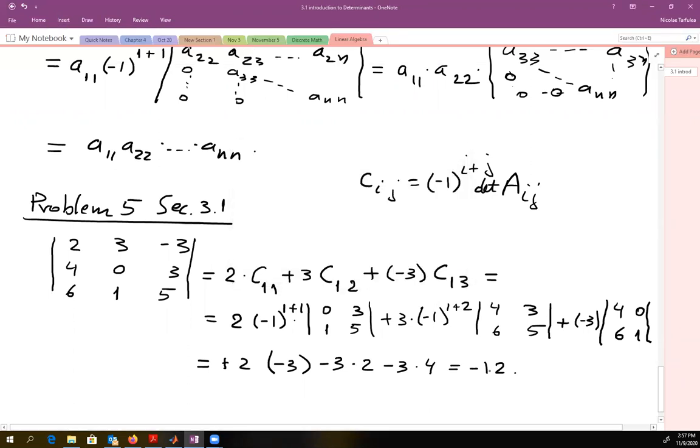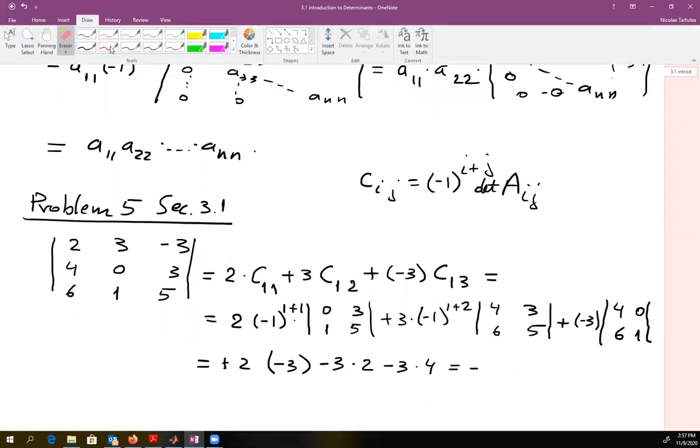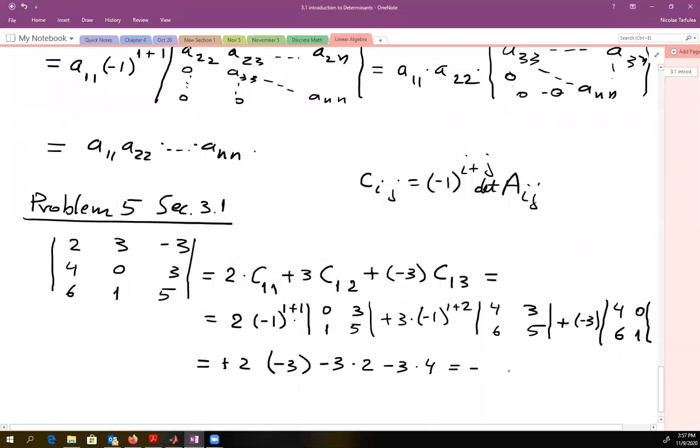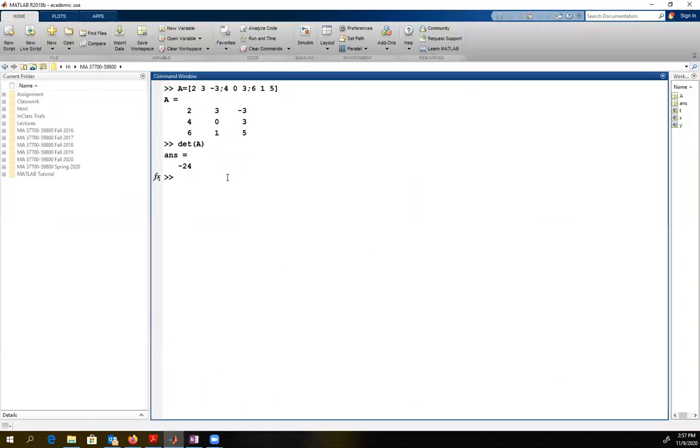So this is negative 24. Maybe I should erase this first. This is correct, right? Plus 2 times negative 3 is negative 6, minus 12. And as you can see, MATLAB gave us exactly the same thing.